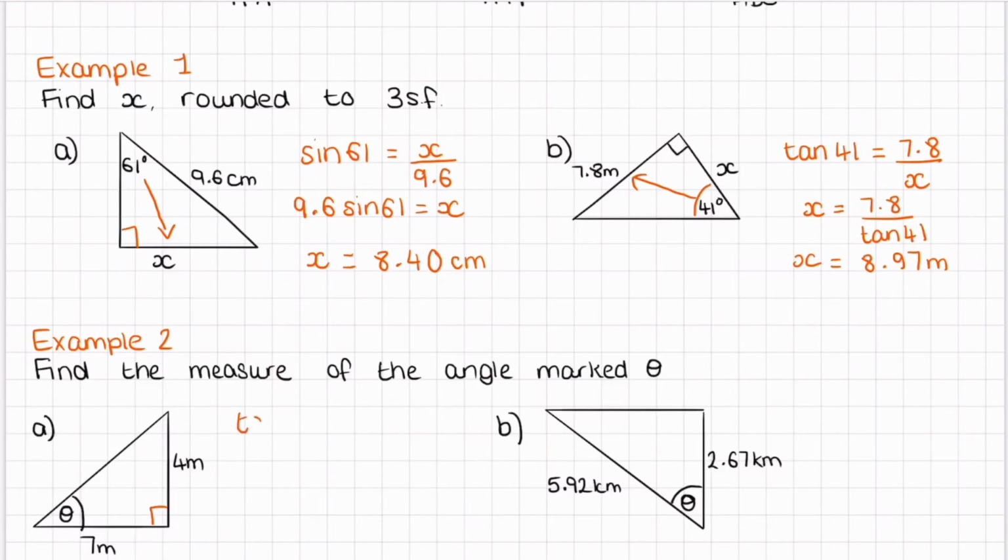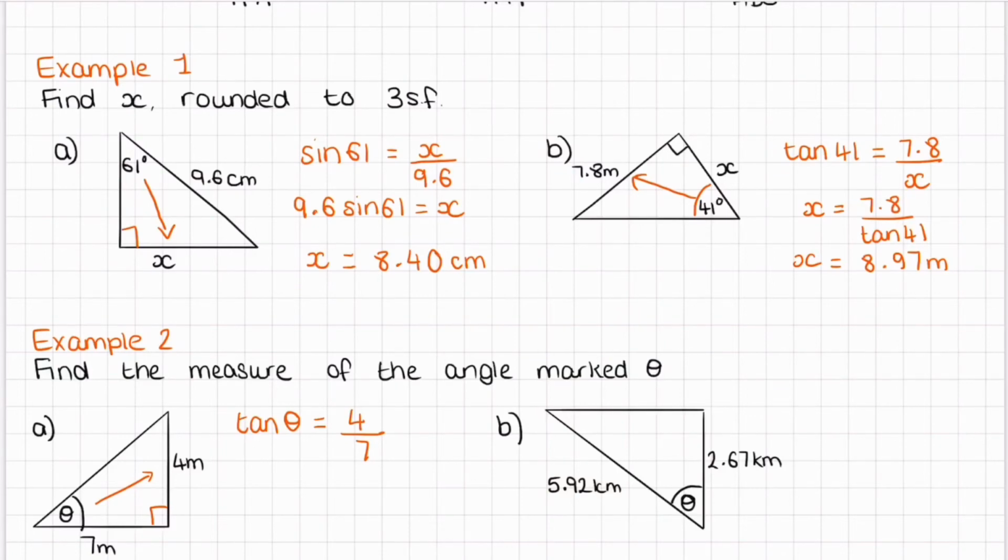Now this time when we do our working out, we're going to have tan, and we don't know what the angle is, so we're going to leave that as theta. The side opposite the angle is the 4, and the side next to the angle is 7. In the rearranging here, we have to separate the tan and the theta. There's no such thing as dividing just by tan. It's always got to have something after it.